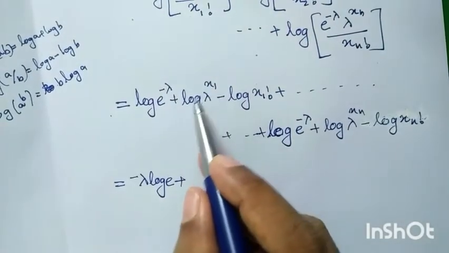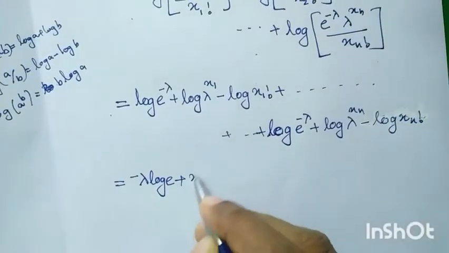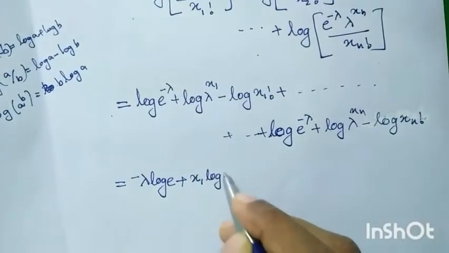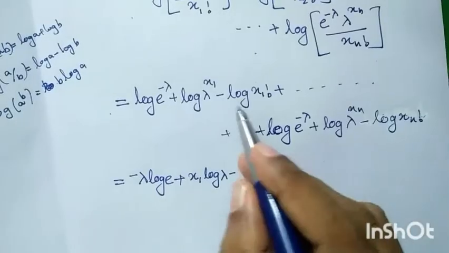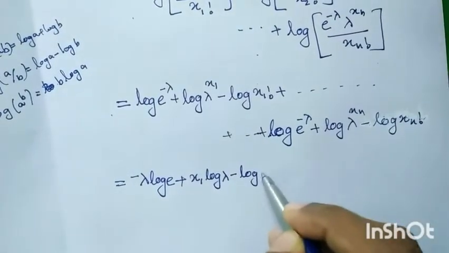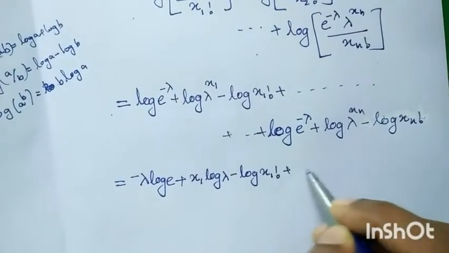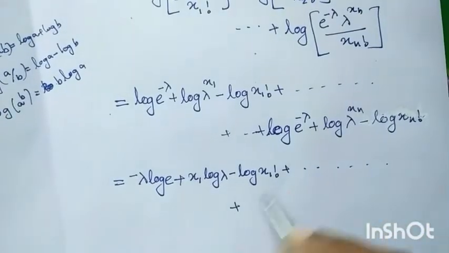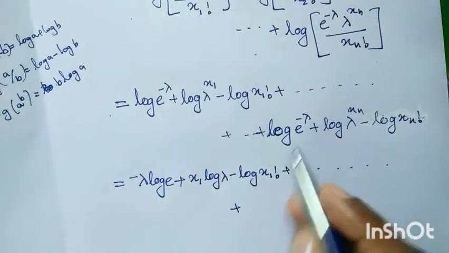plus x1 log lambda minus log x1 factorial plus etc. plus minus lambda log e.